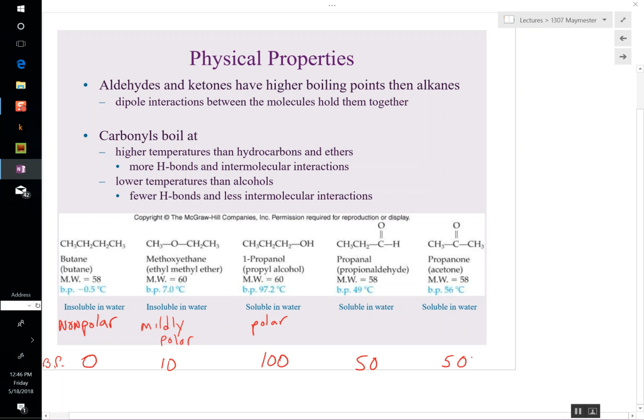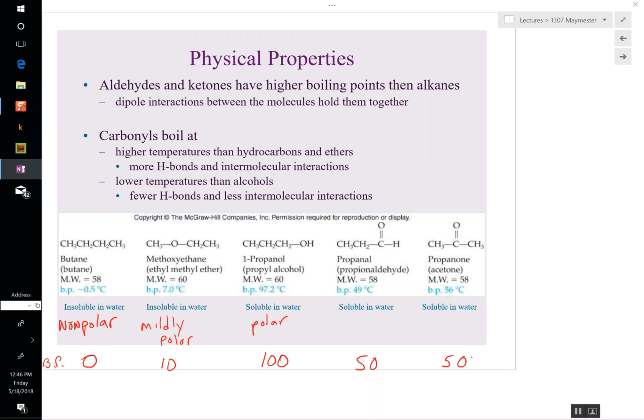So the boiling point is an indicator of how strongly the molecules are attracted to each other. All right? The higher the boiling point, the stronger the attraction. So two alcohol molecules have the strongest attraction in this series of molecules.